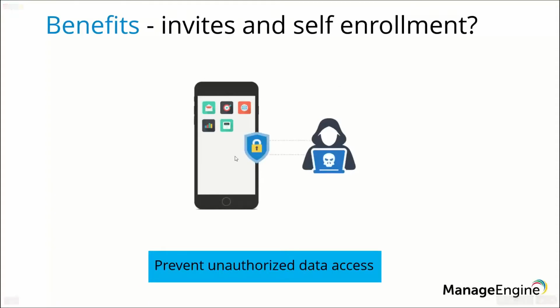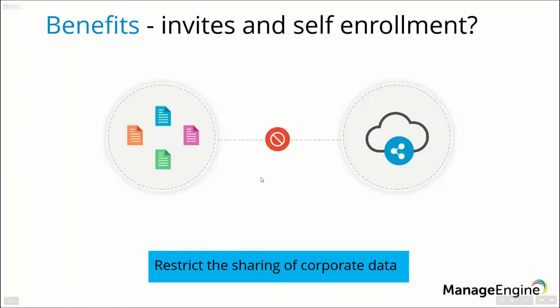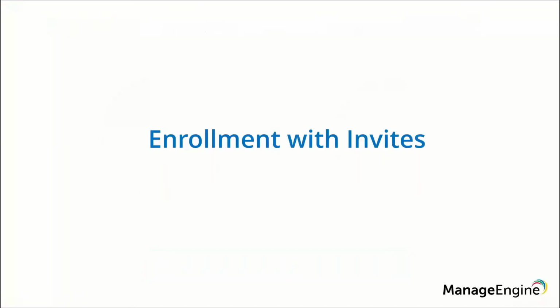And also you can enable a separate passcode or security policies for your workspace or work applications through the product. And as I said, you can also restrict sharing the data within the same device or even outside the device. The work applications will be isolated within the managed devices you have.